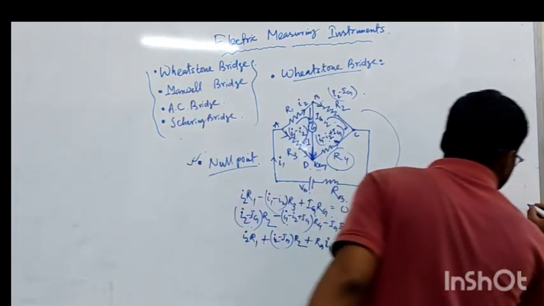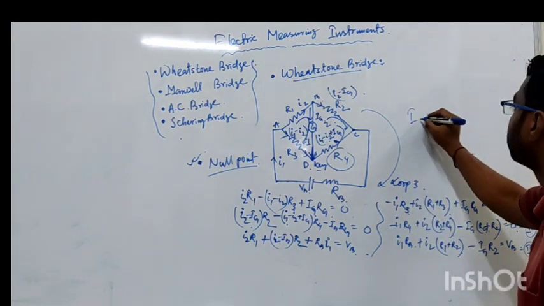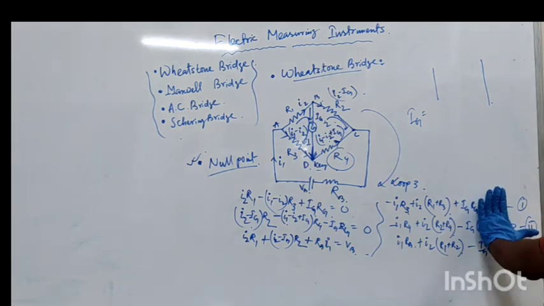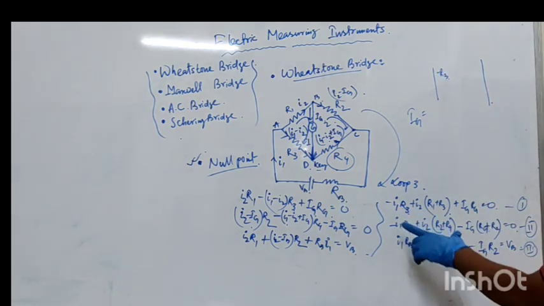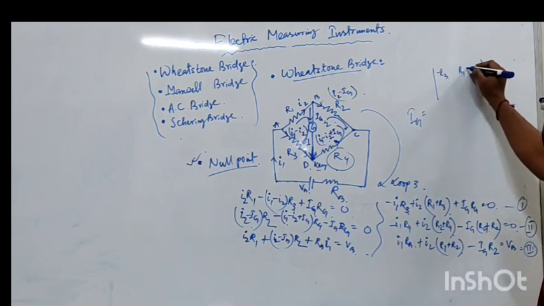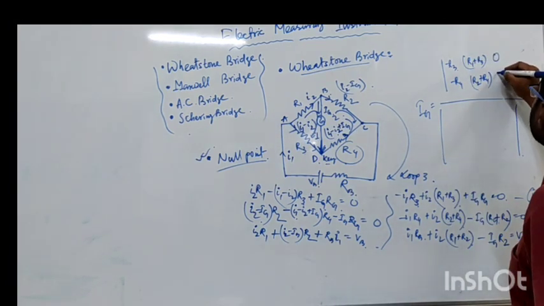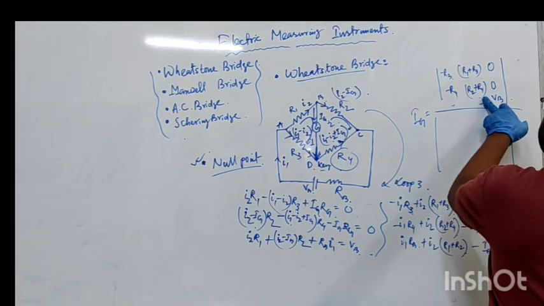So from the three equations 1, 2 and 3 we can find out the root IG, that will be equal to the determinant of minus R3, R1 plus R3, 0.